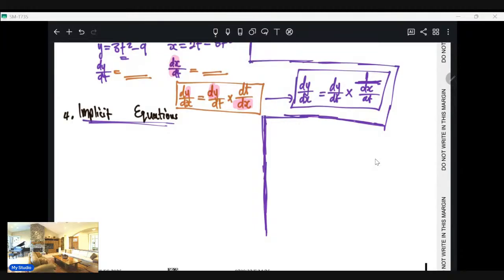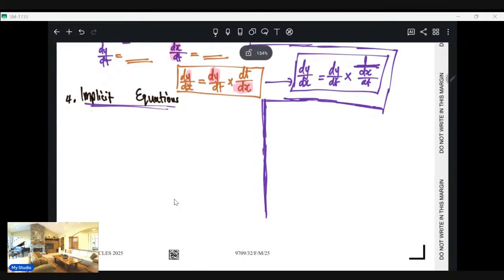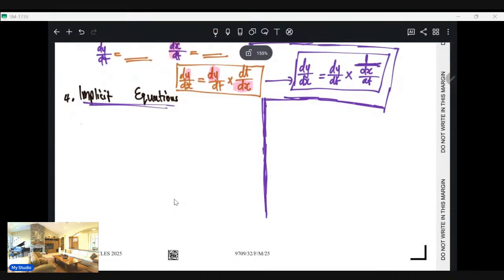Implicit now, you ask me, what are implicit? Because you're going to be asked to differentiate them. So the question would be, what are implicit equations? When we say something is explicit, it means you can put it in terms of y.